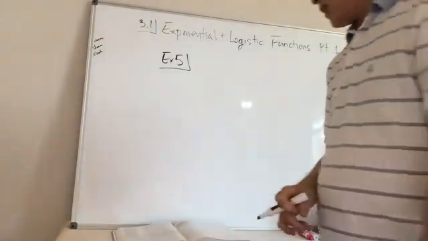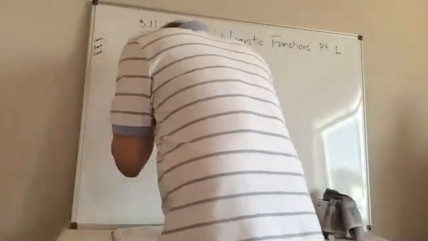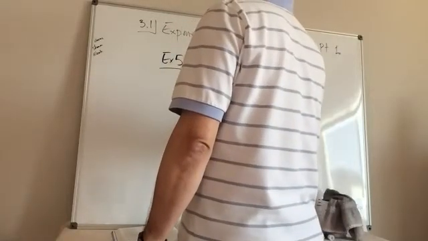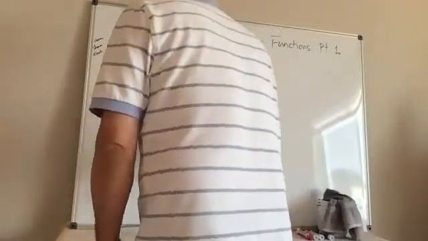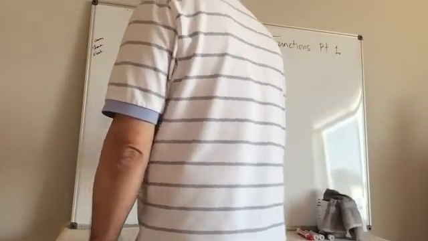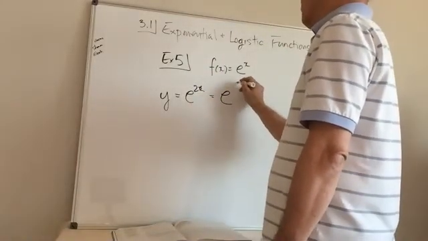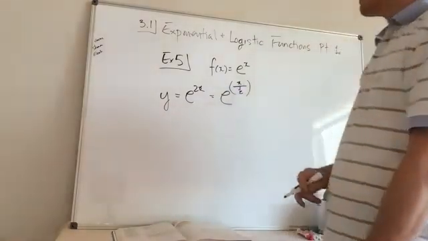Okay, if there are no questions on that, let's go ahead and go to example number 5. Example number 5 says we're going to start with this function, and on A, we're going to end up with a function that looks like this. This is the same as that.